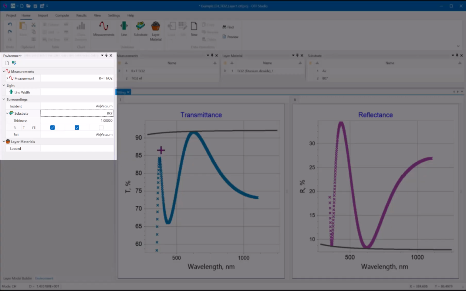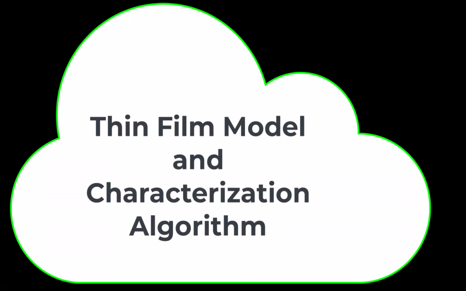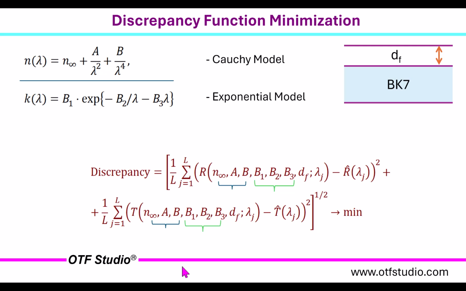In the environment panel, everything is already loaded: measurement data and a BK7 substrate of 1 millimeter thickness. And these two checkboxes mean that reflectance and transmittance are calculated with the substrate backside. First, we need to specify a model for refractive index and extinction coefficient.